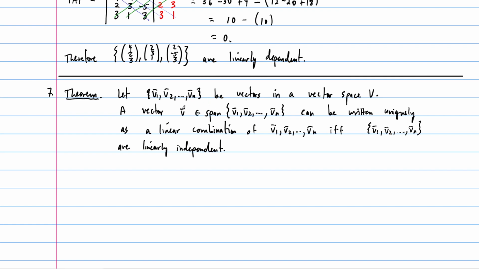The span is a set of all vectors v for which they can be written as a linear combination. So the key here is the uniqueness. So it can be written uniquely. So there's only one set of coefficients that gives us this vector v, if and only if these vectors that form the span are linearly independent to start with.